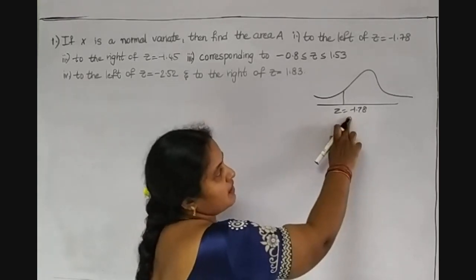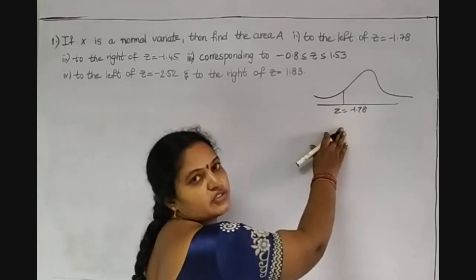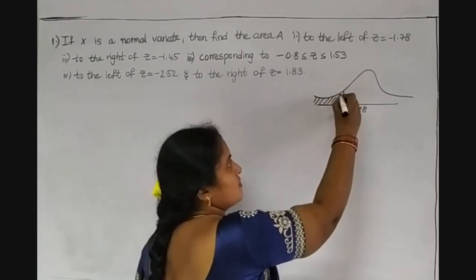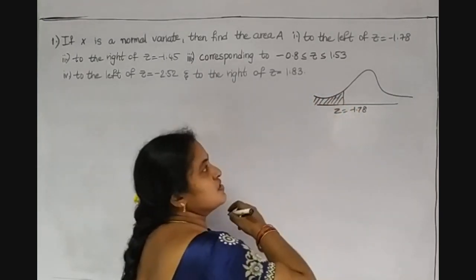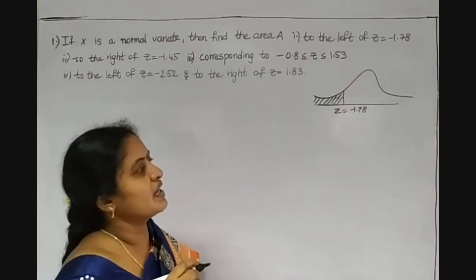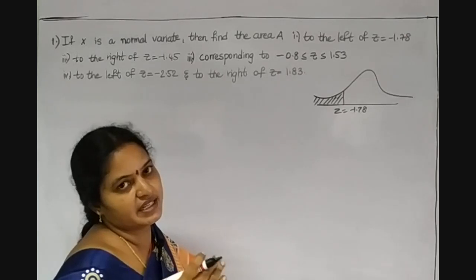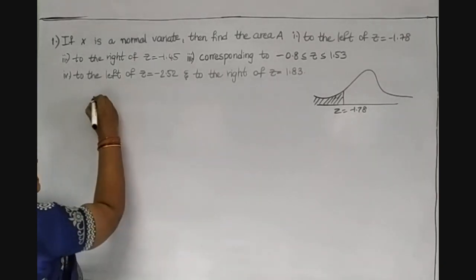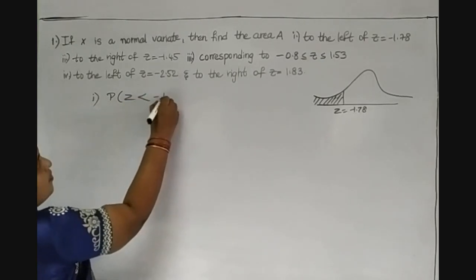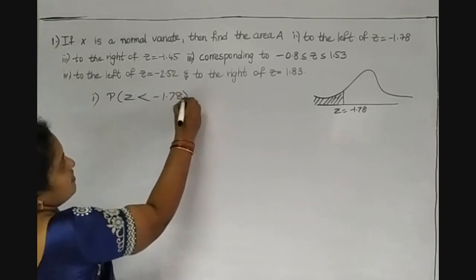For this point, the left side area we have to find out. So this is the region which we have to find out. So we will denote this left of Z equal to minus 1.78 as P of Z less than minus 1.78.